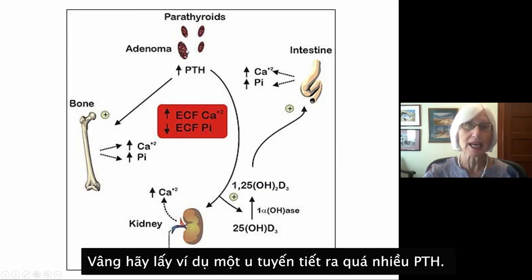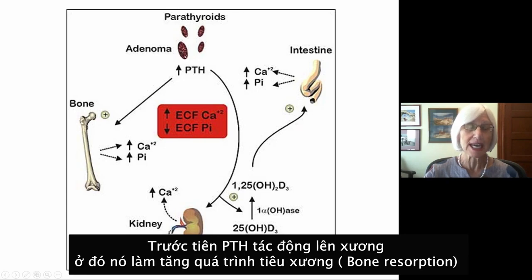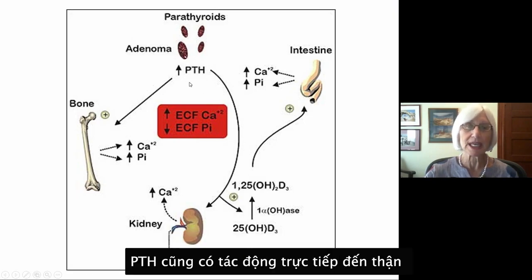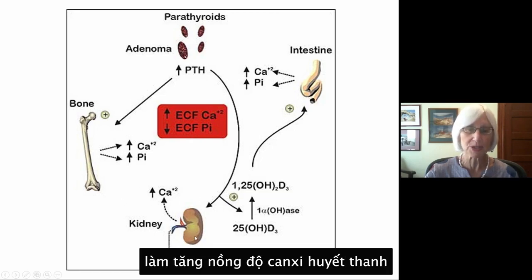And I'd also like to just review the actions of PTH. So let's take, for example, an adenoma secreting too much PTH. What does that do? First of all, PTH acts on the bone, where it increases bone resorption. This releases increased levels of calcium and phosphate into the circulation. PTH also has direct effects on the kidney, and it has multiple actions, including reabsorption of calcium from the renal tubule, increasing serum calcium.